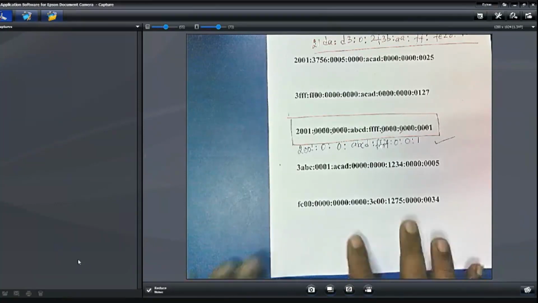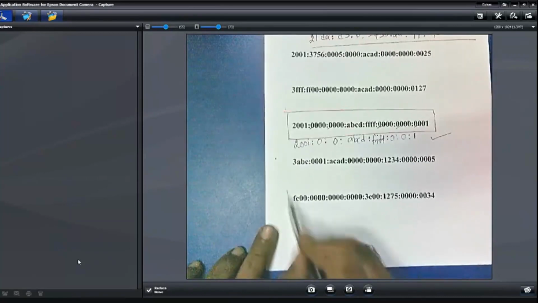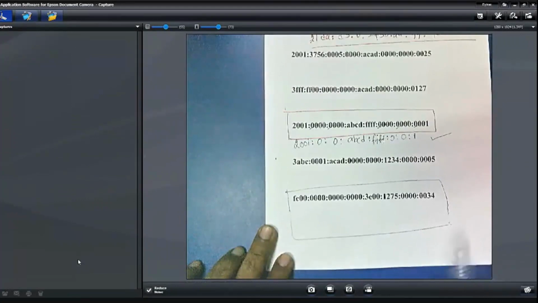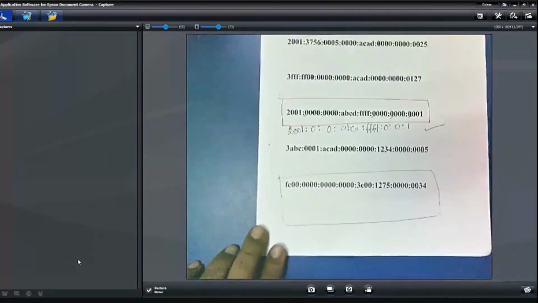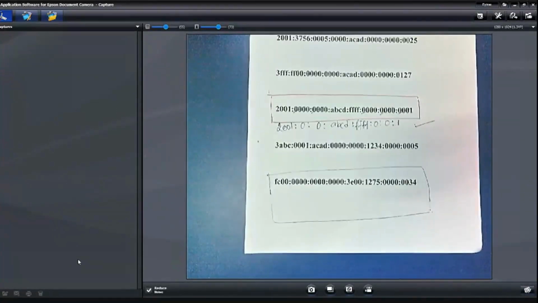No, this one, the last question. Can you see that? Yes. Apply rule number 1, leading zeros.